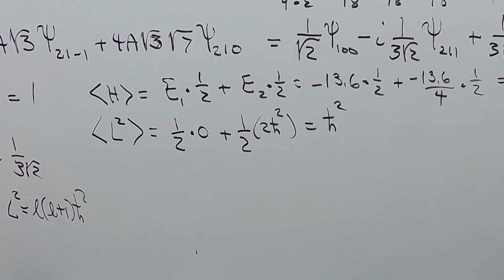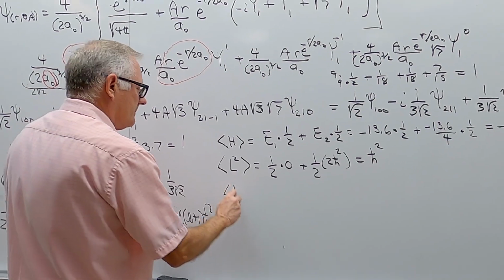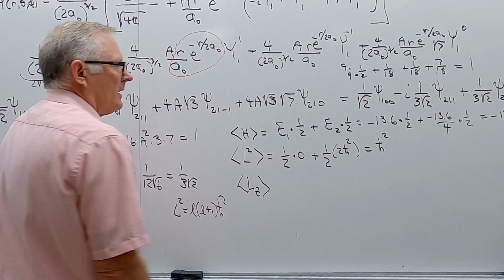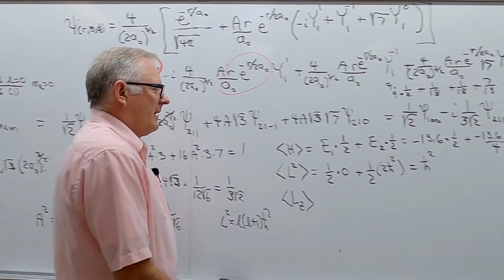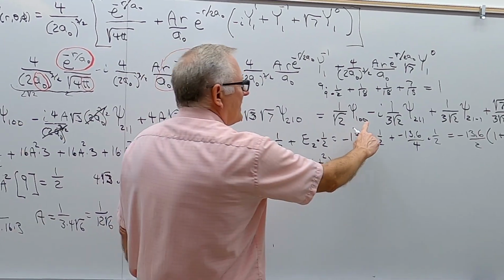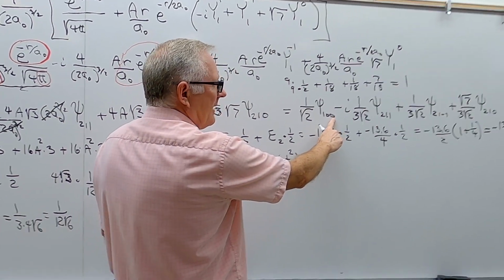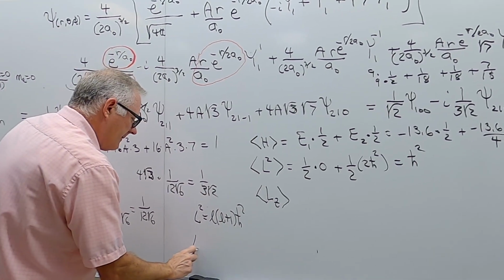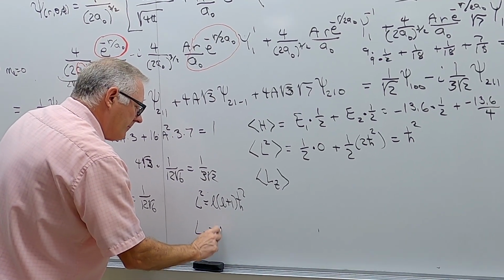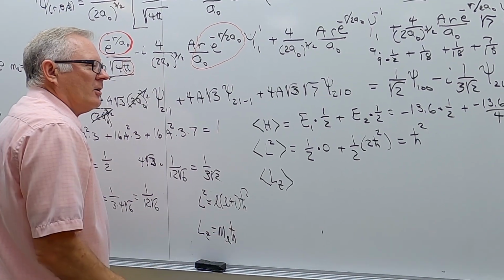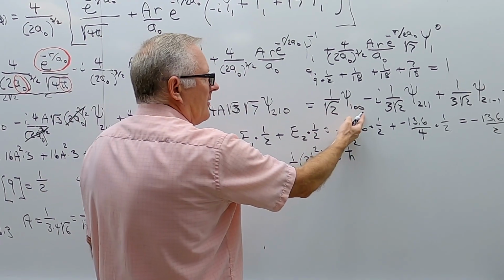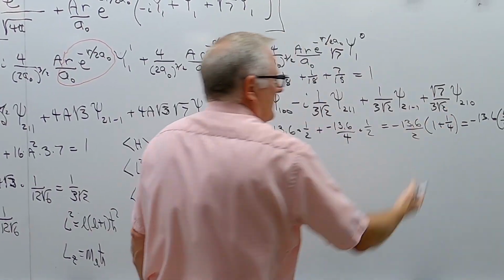If we wanted to get the average L sub z, well, L sub z only depends on the third quantum number. For this one, it's m, remember, L sub z is equal to m sub L h bar. Well, for this one, it's 0, and for that one, it's going to be 0 also.